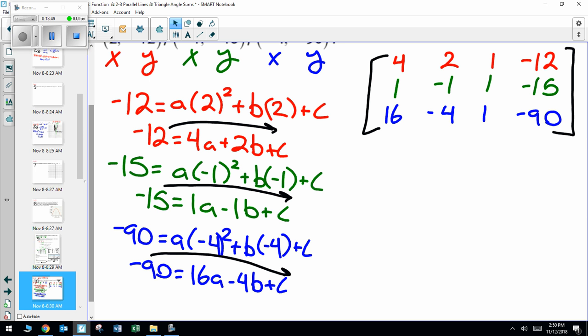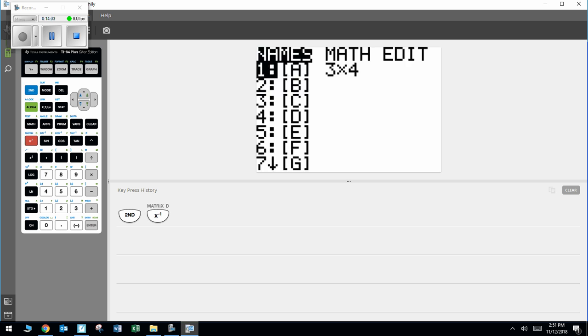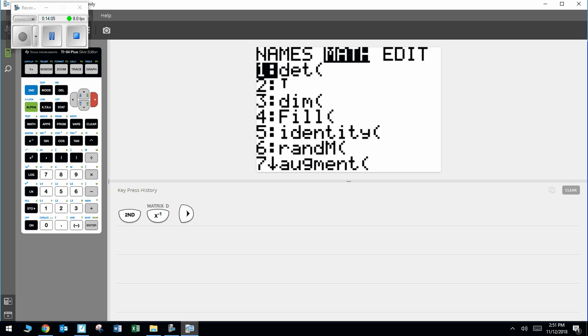And so remember, if I want to utilize the calculator on this problem, the first thing you're going to do is go into the matrix menu by hitting second to access the matrix menu.